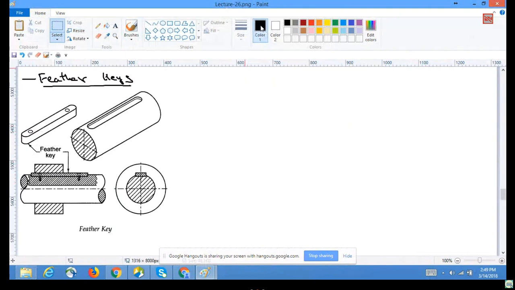The feather key can give you some relative motion, which generally this hub and shaft will have, can be little bit accommodated.